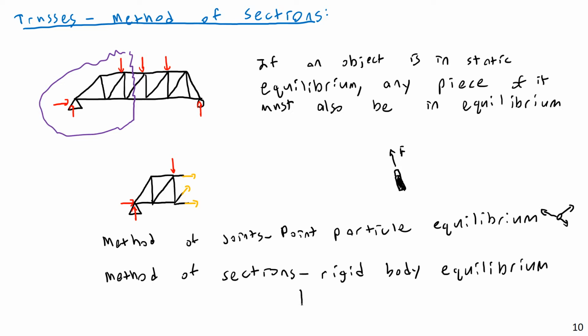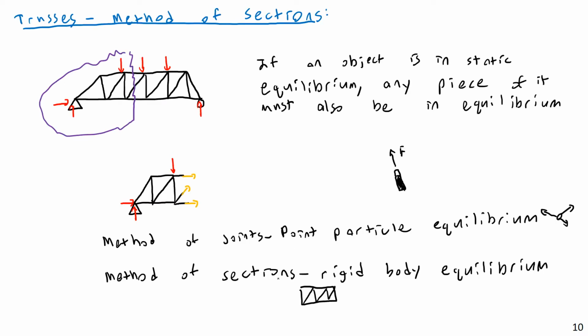So we're going to have a section of a truss, and we're going to look at what kind of forces are needed to keep this in place as a single rigid body. The key thing about it being a rigid body is that we're going to be looking at both sum of forces and sum of moments on this piece of the truss that we're analyzing.